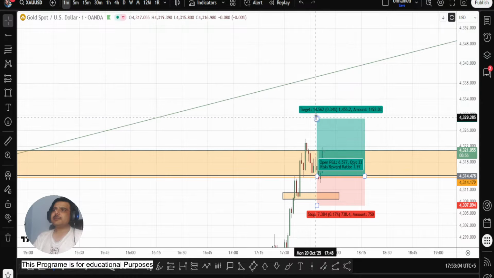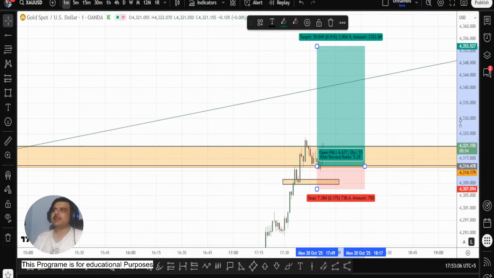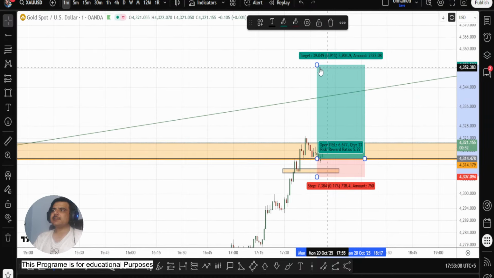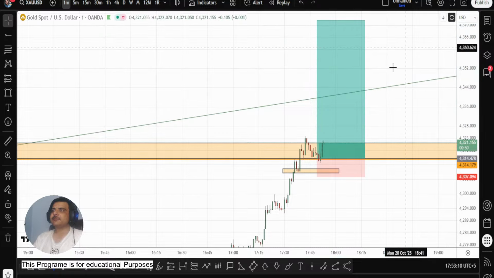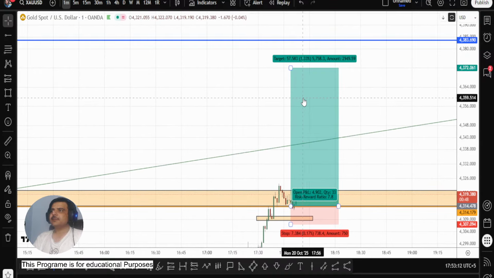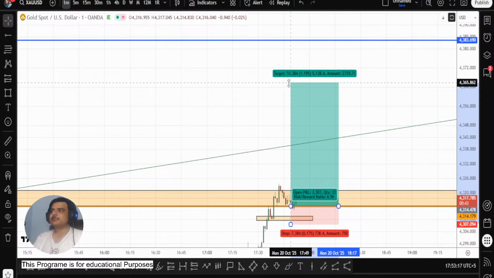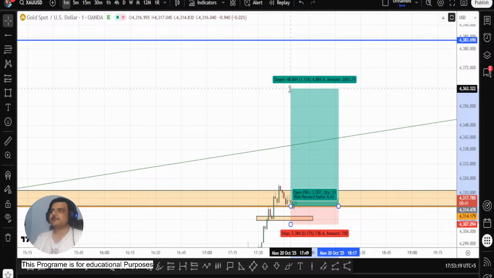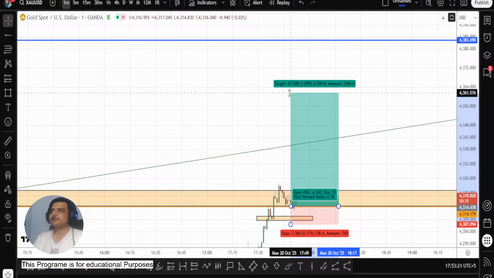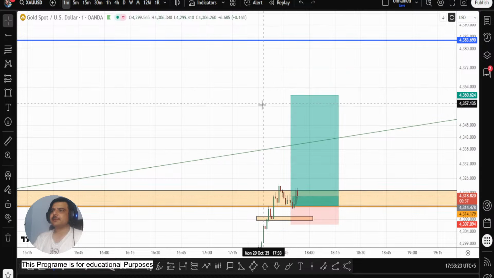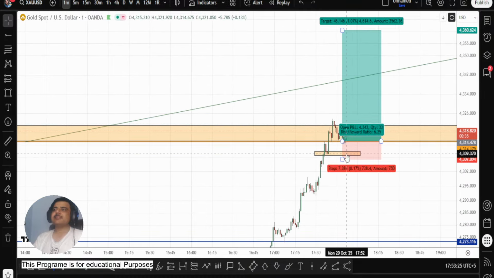But if it continues strongly up, the next target can be way bigger, like this much, around 4360 somewhere. So they see this.